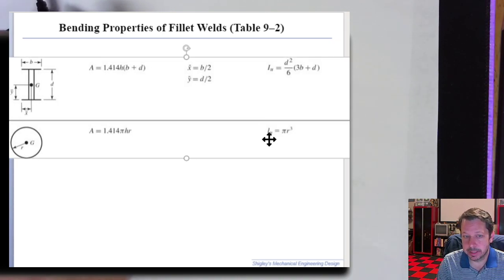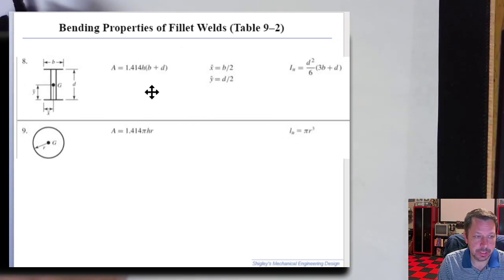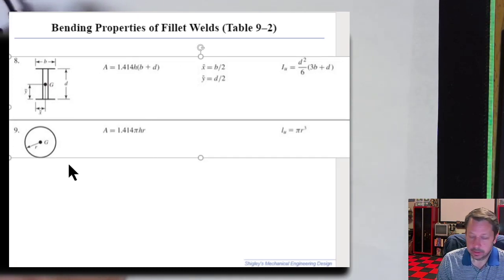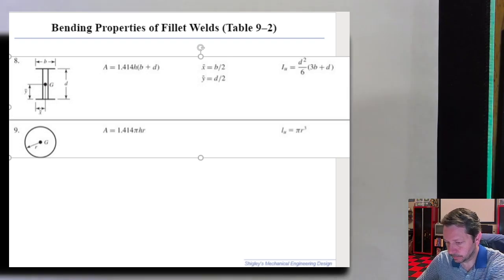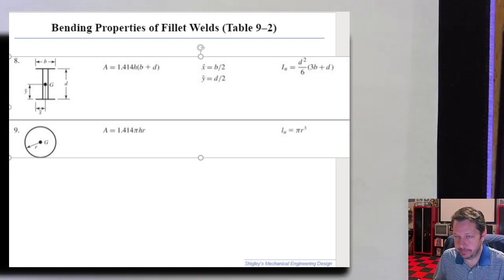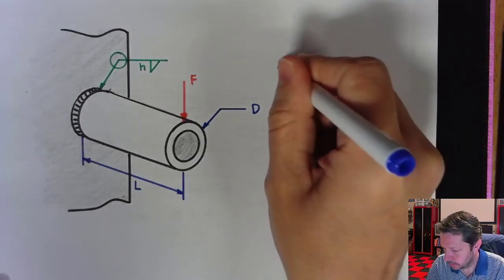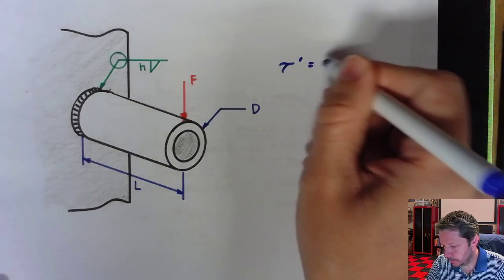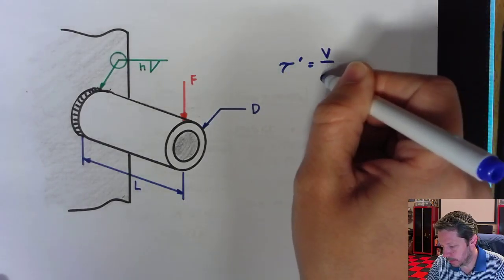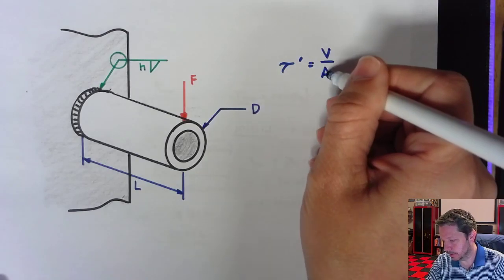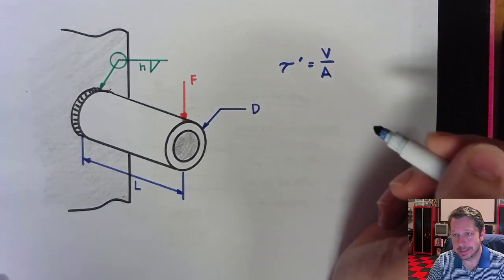Again, this is I_U, not I, but it works the same way. So when you're solving this, it looks very similar: primary shear equals V over A. I haven't already solved this one, so we might have to calculate some things, but it's not much to calculate.